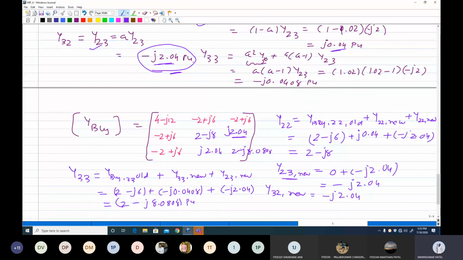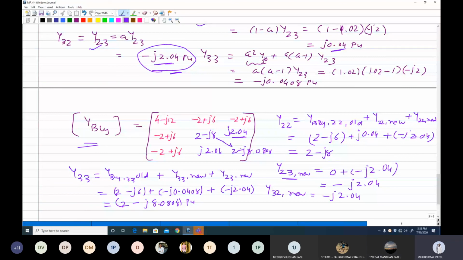What is the change in your final matrix? Just follow the same procedure. What is the change in this Y bus? The first element, 2 minus j8.08, will be Y22.